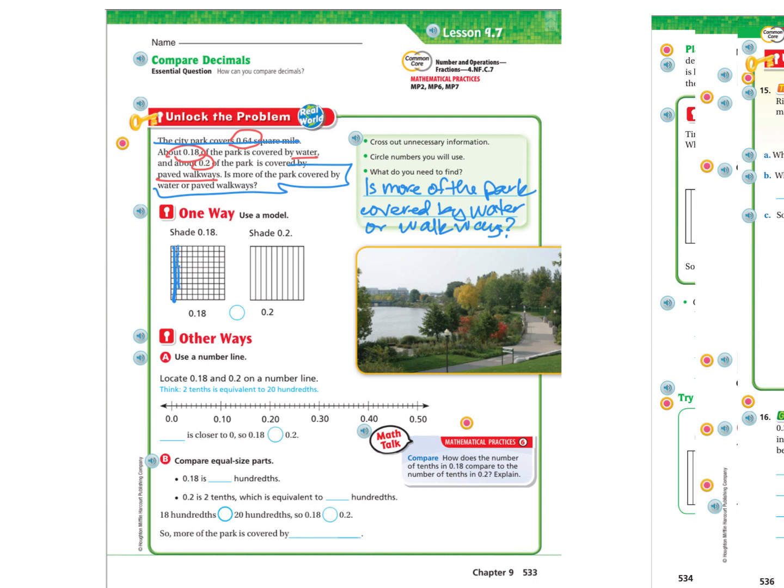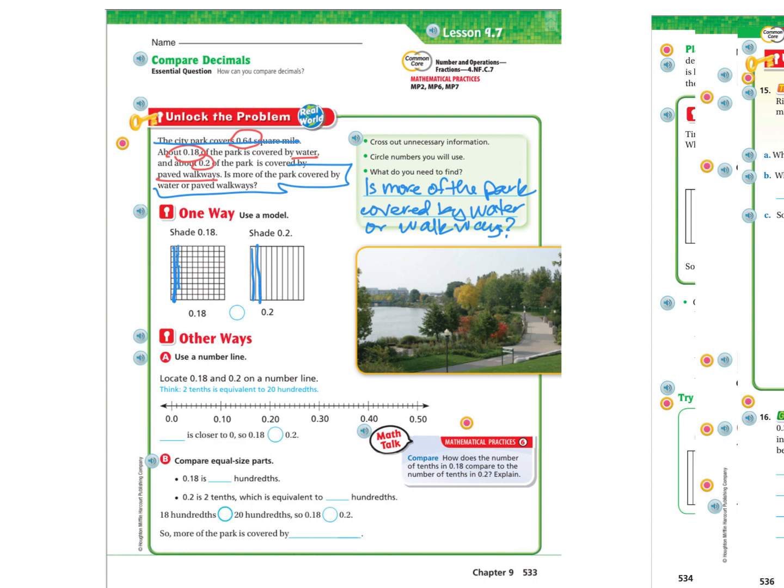Those are colored in. Okay, so we have 1800s. Now we're going to see this other model is broken into how many parts? Tenths. So we're going to color in how many of those? 2 of them. So 1 and 2.